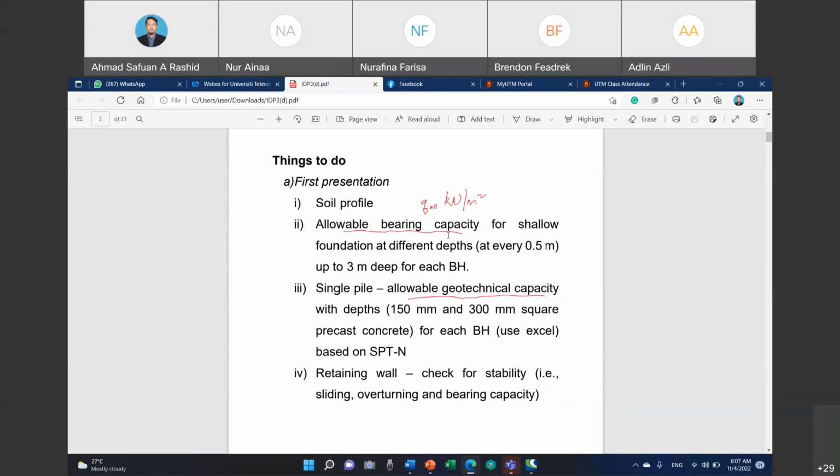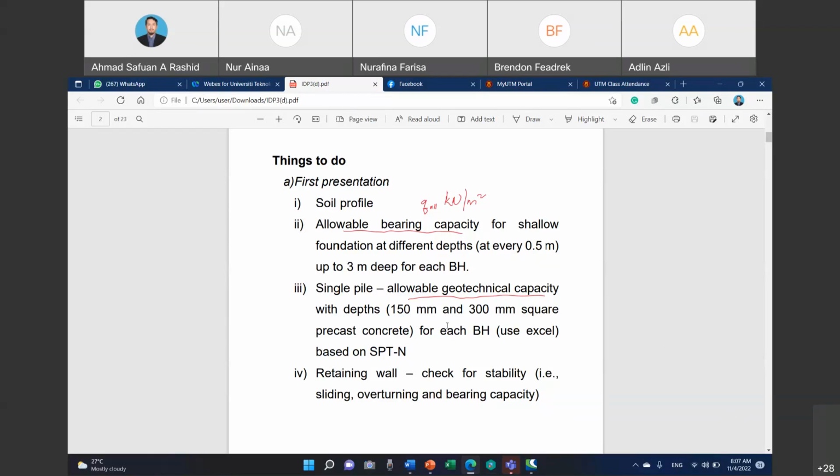Ada dapat tak the information for your IDP 2 untuk geoteknik? IDP itu tu kita orang punya information sama dengan IDP 1. Oh, okay. Maksudnya kita carry on forward lah information tu. Okay. So awak clear lah. So dah ada all this information.